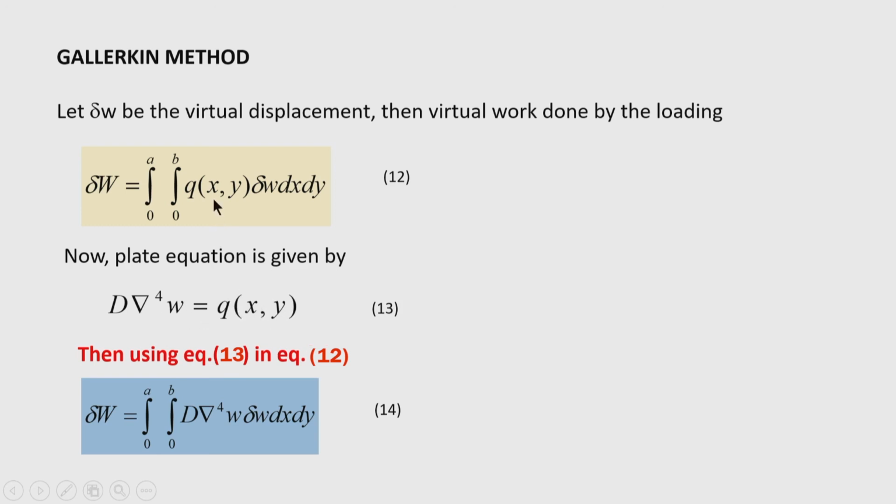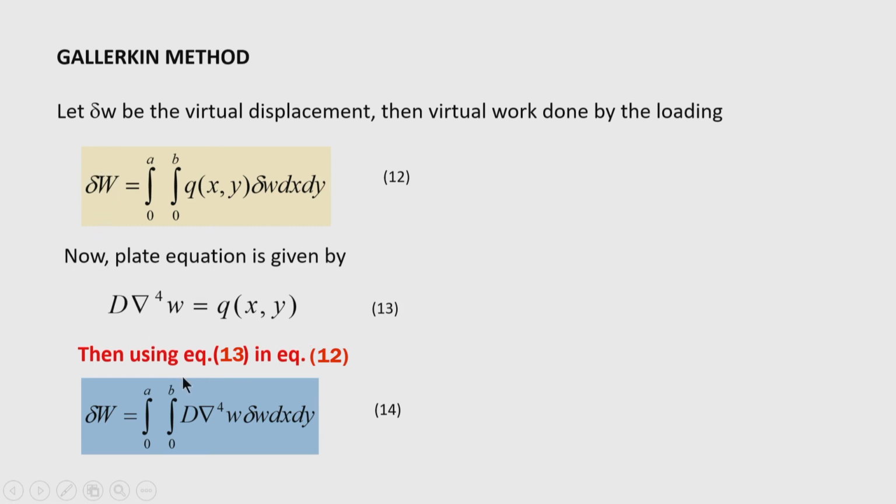So, in place of q(x,y) we now put D del 4 w and we get again the virtual work expression as delta W equal to integration 0 to a, integration 0 to b, D del 4 w delta w dx dy. Here you can see equation 12 and 14 are same, because both have the expression for the virtual work delta W.